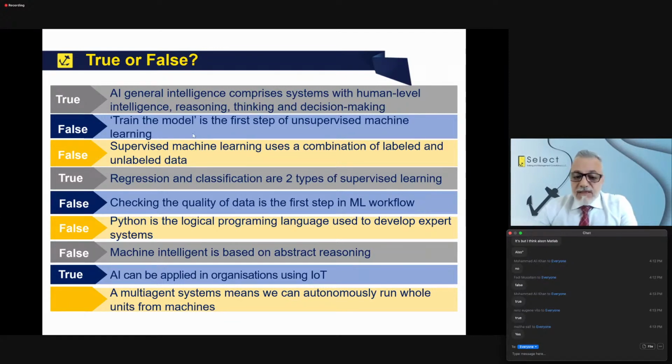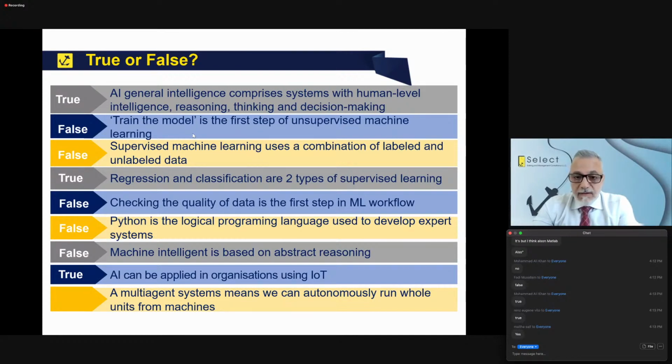Multi-agent systems means we can autonomously, which means independently, run a whole unit with machines. In other words, we might use different intelligent systems. We develop systems, and those systems can run a certain department, let's say, or a supply chain. They take decisions independently, working together like a team.